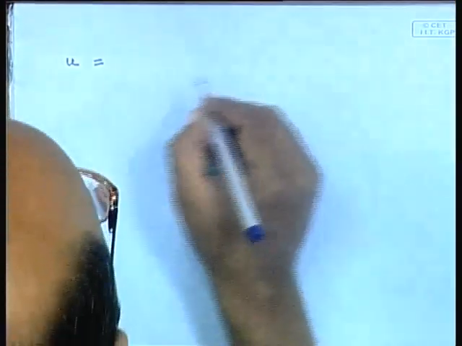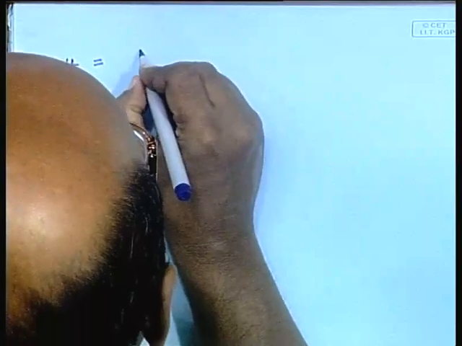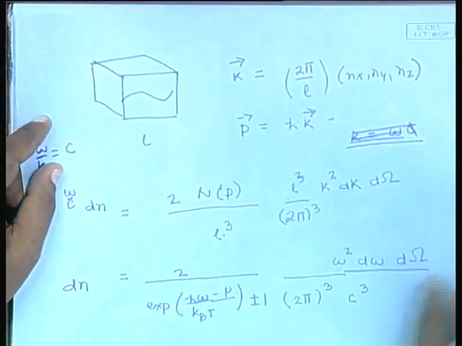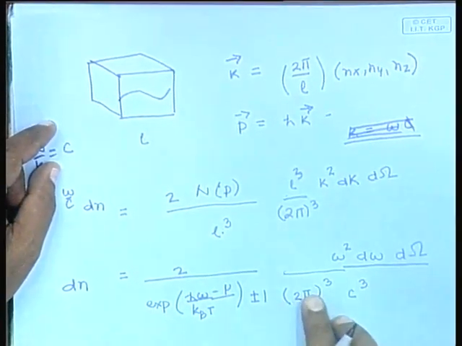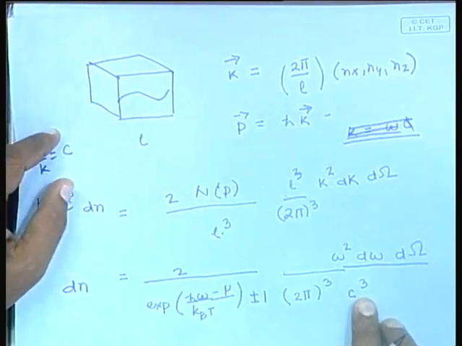So, we have 8 pi, and then we have 2 pi cube c cube, which can also be taken outside.